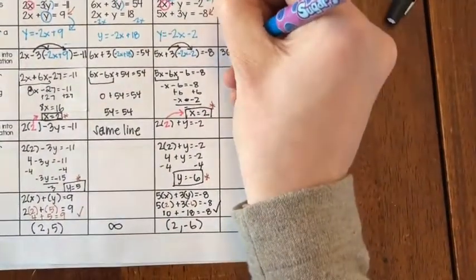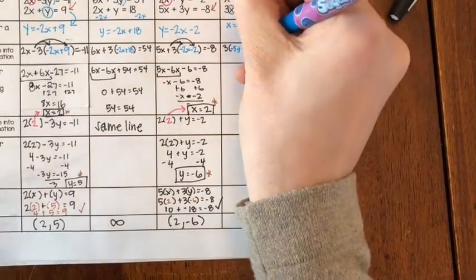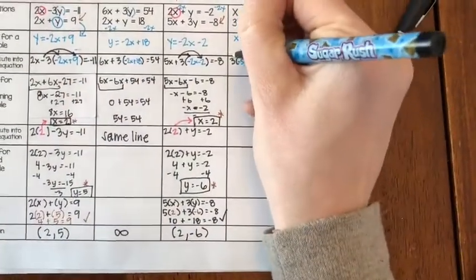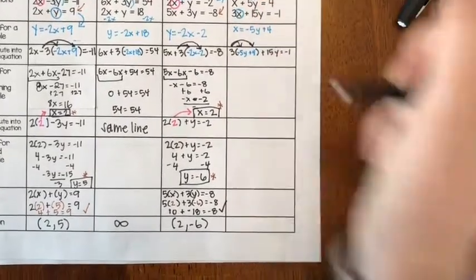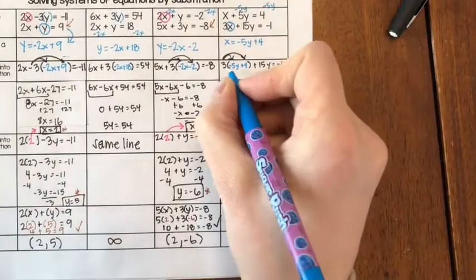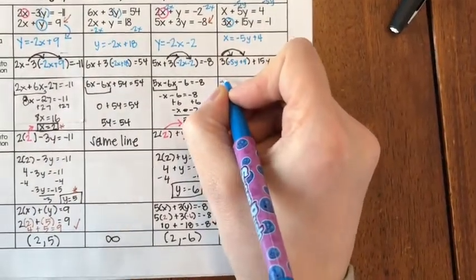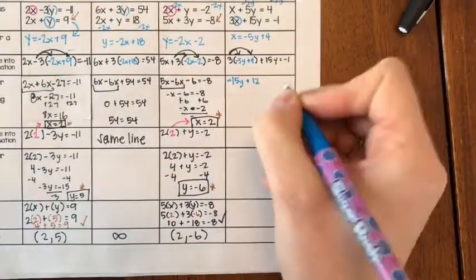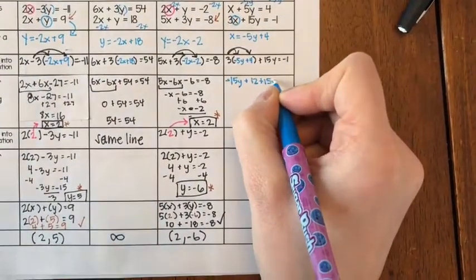So then I'm going to plug in negative 5y plus 4. We're going to do the distribution property.